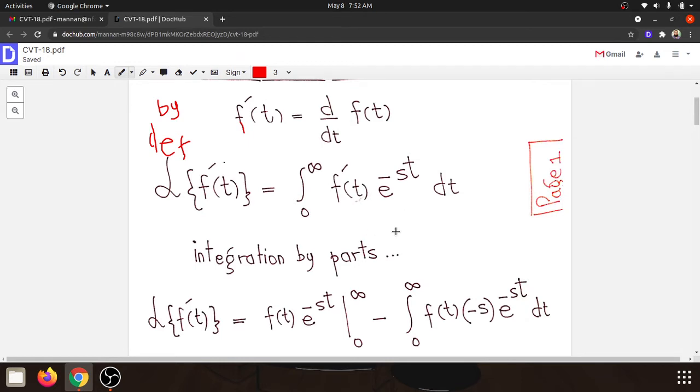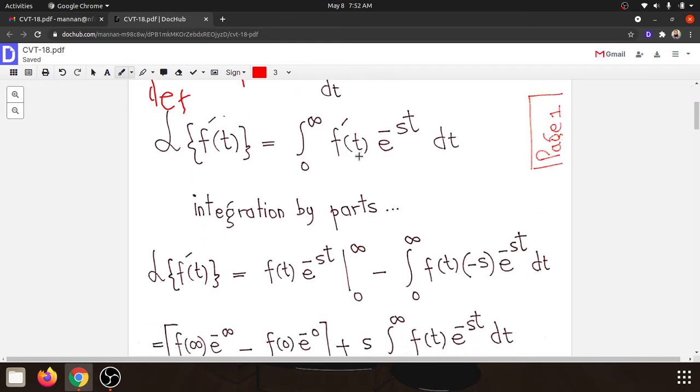We have studied integration by parts many a time in the past. We declare one of the two functions as the first and the other function as the second function. Let's consider this as the first function. We integrate it, and the second function is written as such.